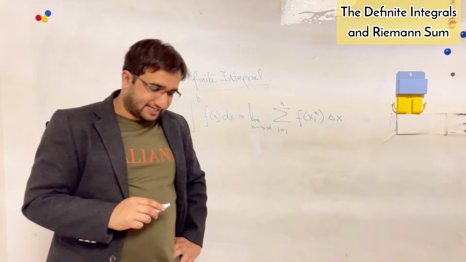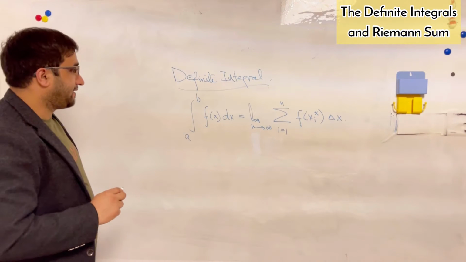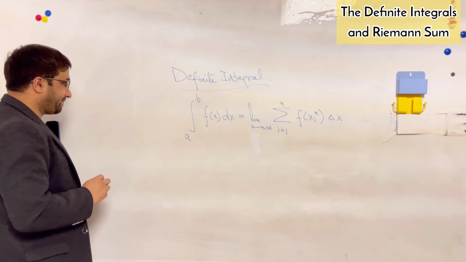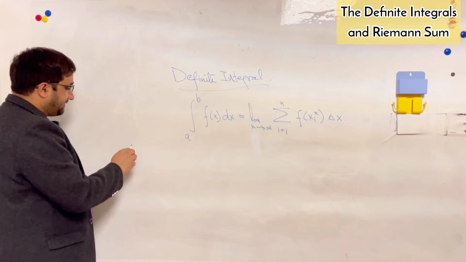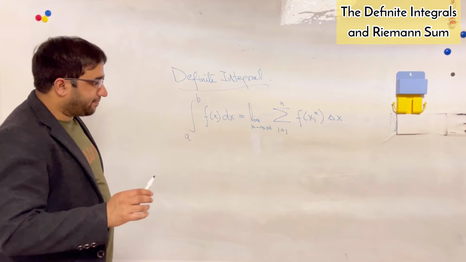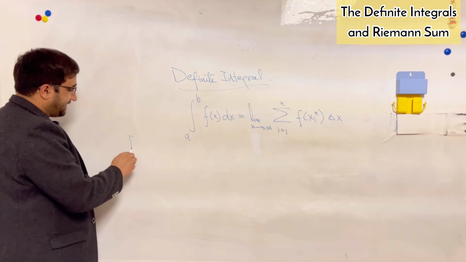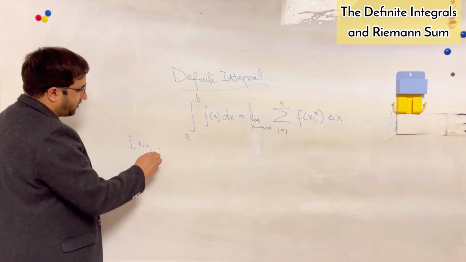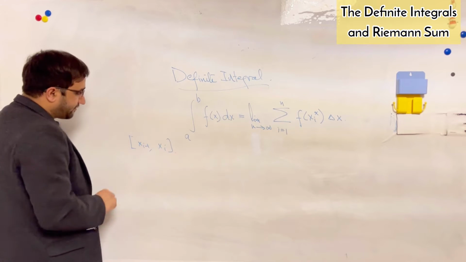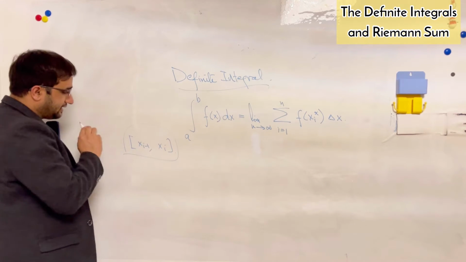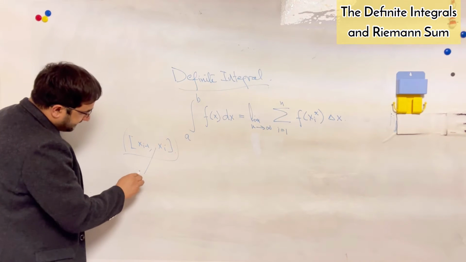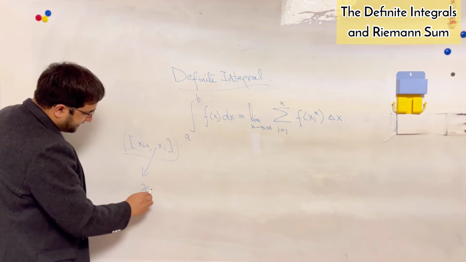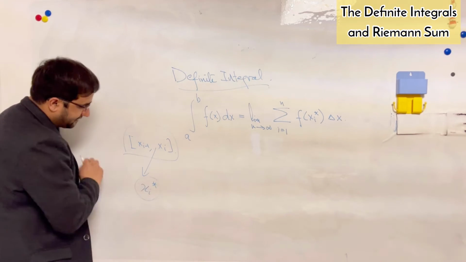And you know what xi star means. Xi star means that you are not bound to stick to the left or right endpoints. If x(i-1) and xi is the given interval, then you can pick any value between them, and we say that is xi star.